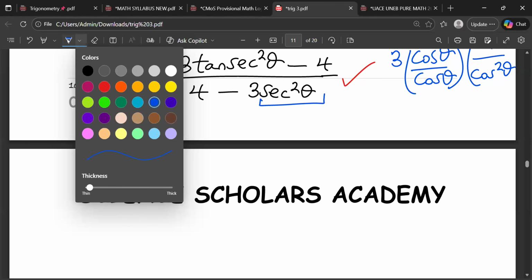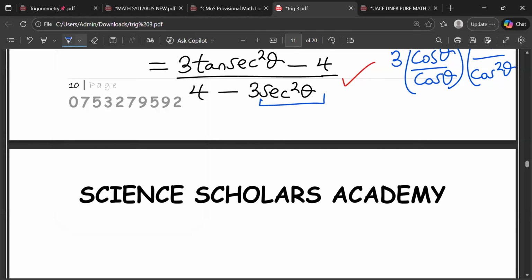So I'll come and say that this will be 3 tan into what is sec? Sec squared is 1 plus tan squared, isn't it? Second trig identity. Yes, doctor.